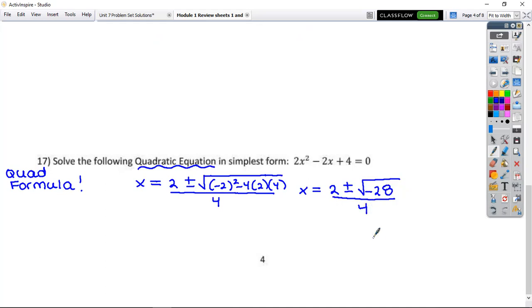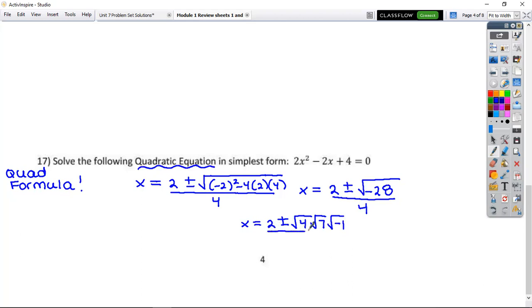Now, we discussed something that pertains to when you get a negative under a square root. It's an I. So I continue this and I go x is equal to 2 plus or minus 28 simplifies to 4 and 7. And then the square root of negative 1 is where that I is going to come from in a moment.